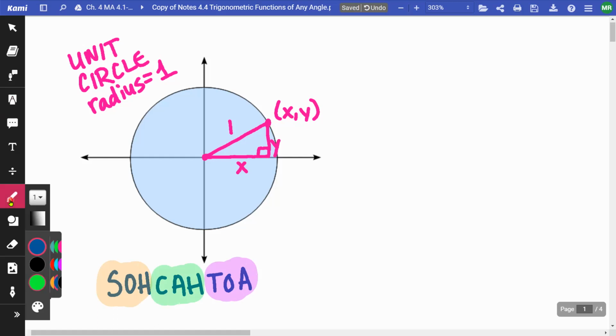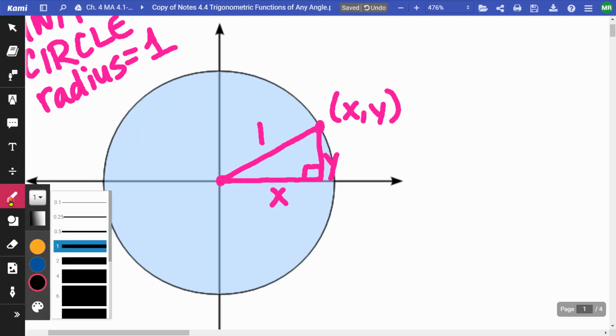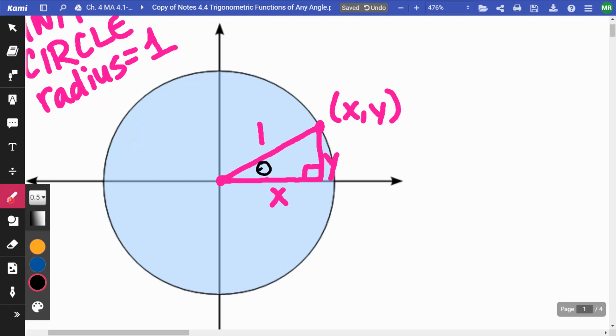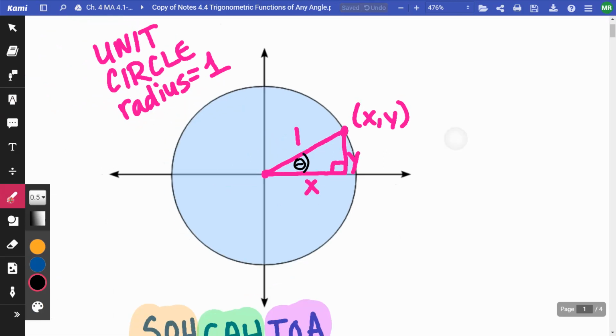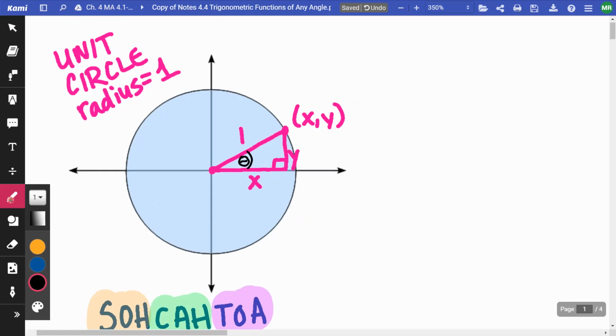So if I was going to do the sine of our angle, let me zoom in here for a sec. We'll call this angle theta, right here, and make it a little smaller font. Then my sine of theta is going to be opposite, which is y, over hypotenuse, which is 1, and so I end up with y.